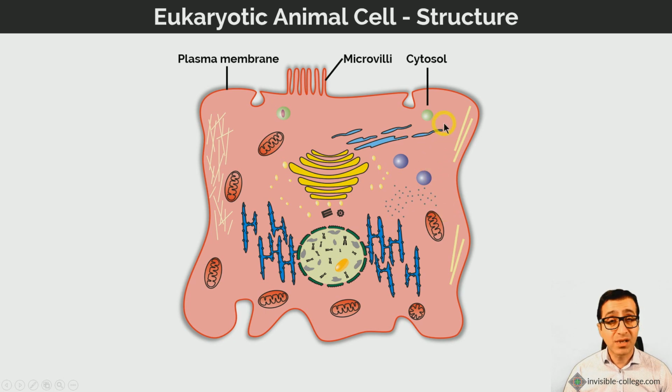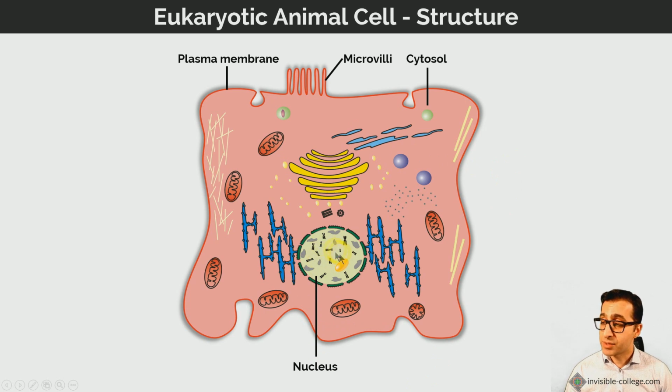Now the cytoplasm is a watery gel-like liquid, but it actually has many structures embedded within it other than just the organelles. So you also have very thin filaments of proteins and microtubules going all the way through the cytoplasm, and this is called the cytoskeleton and is responsible for intracellular movement of organelles inside the cell.